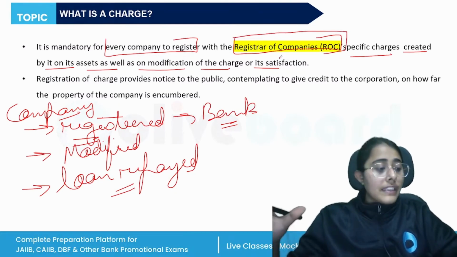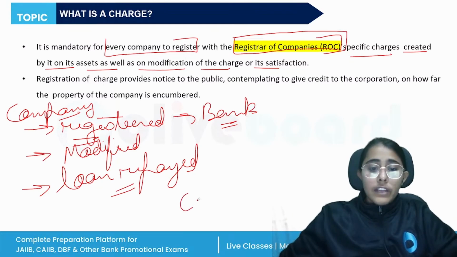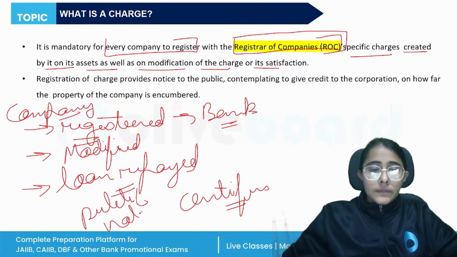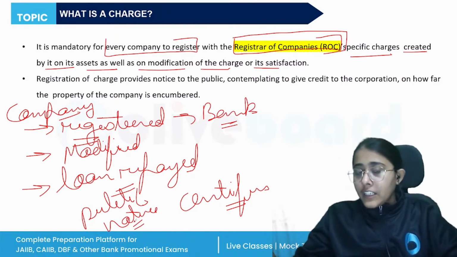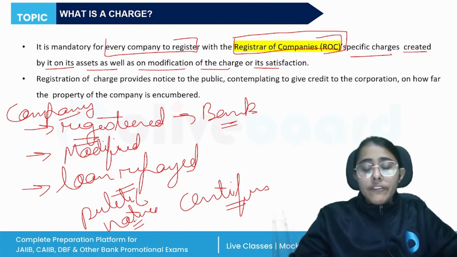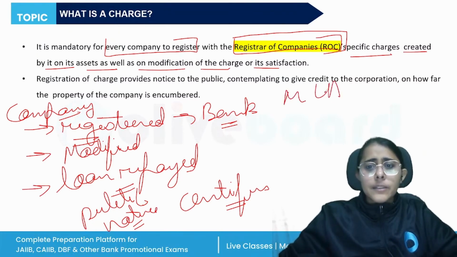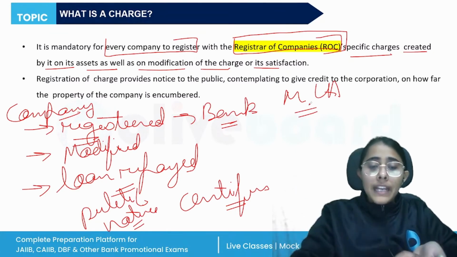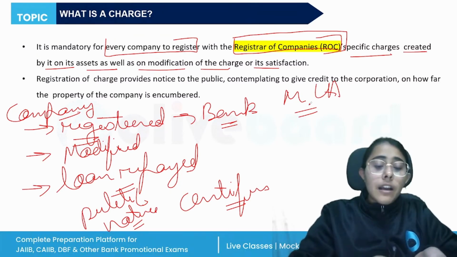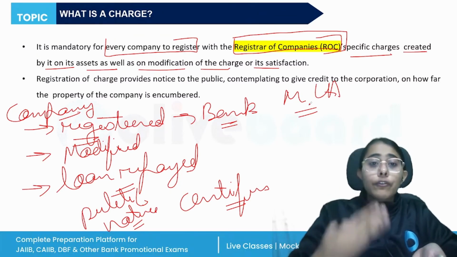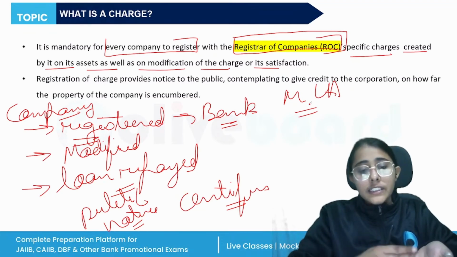When the ROC registers the charge, it gives a certificate, and it is believed that the charge is registered in the public notice. Now, if we want to check whether a company has created a charge or already taken a loan on a particular asset or property, we can go to the MCA website. There's a portal for checking charges. If any bank or creditor does not check whether the property is encumbered or not, it will be their fault, because once the ROC gets the charge registered, it gives a certificate.